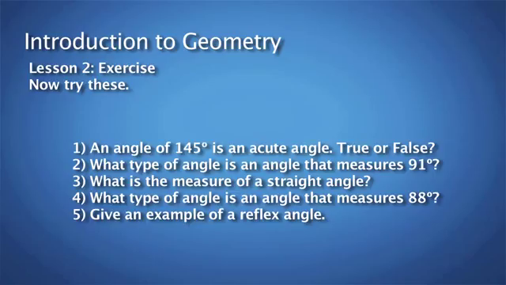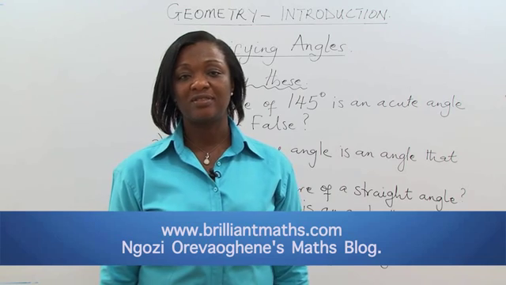Question 4. What type of angle is an angle that measures 88 degrees? Question 5. Give an example of a reflex angle. For question 5, answers could vary because it depends on what you choose. Make an effort to try out the questions.